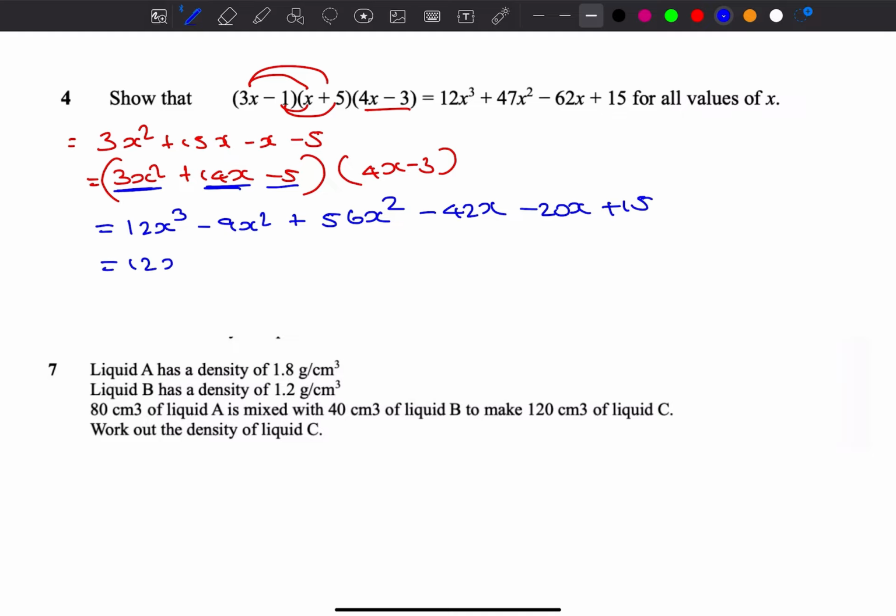That should give you 12x cubed plus 47x squared minus 62x plus 15. There you go, shown. Okay, that was an easy question. Next one.